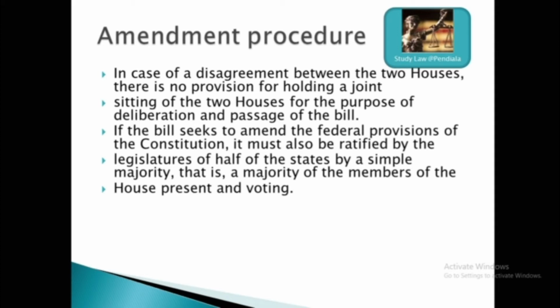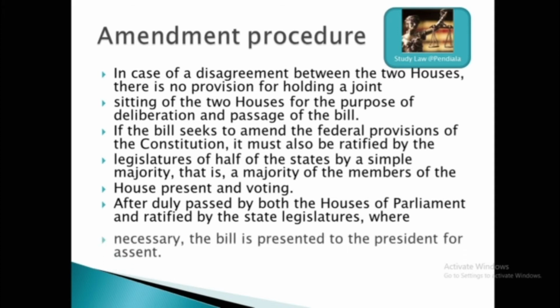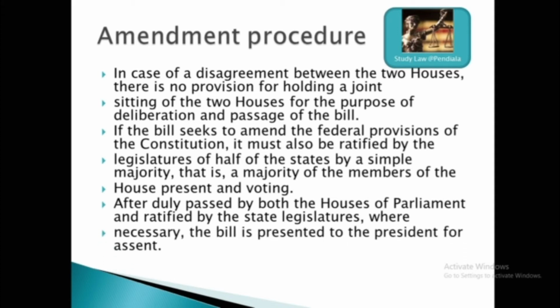If it is a simple majority, any number of people who are present with the minimum quorum of the house, and then the simple majority prevails. After the bill is duly passed by both houses of Parliament and ratified by the states where the federal requirements are there, the bill is presented to the President for assent.